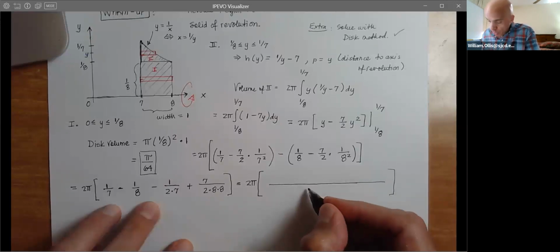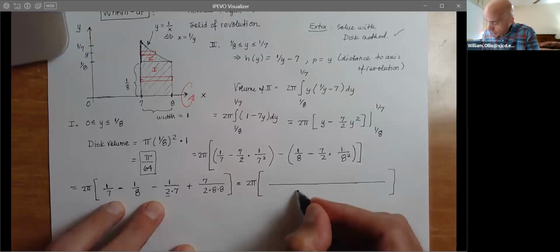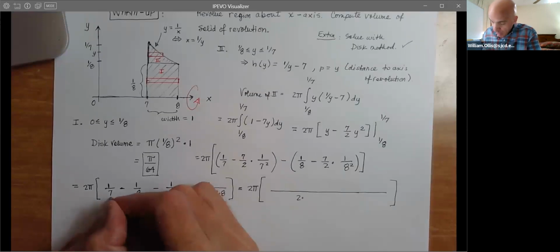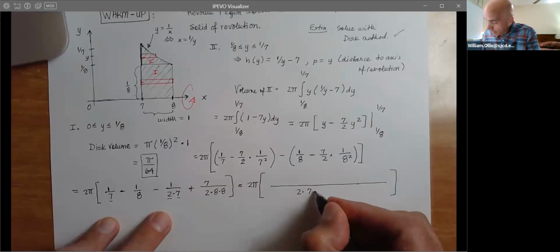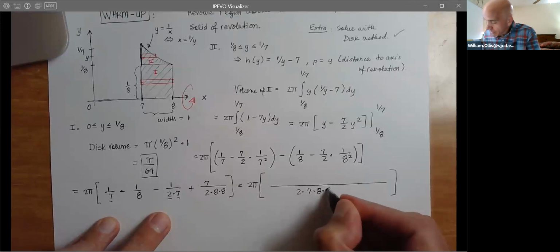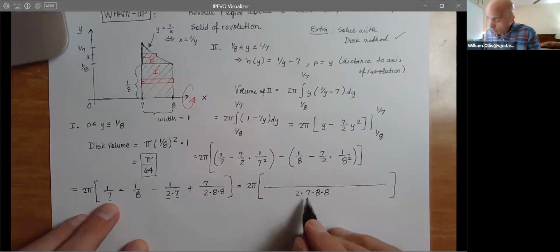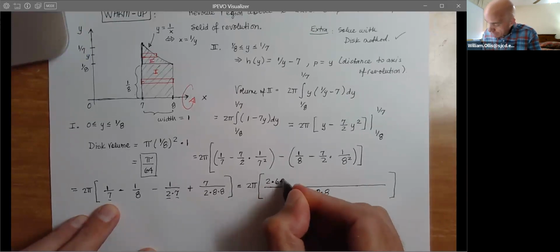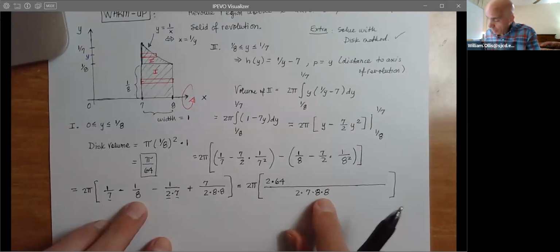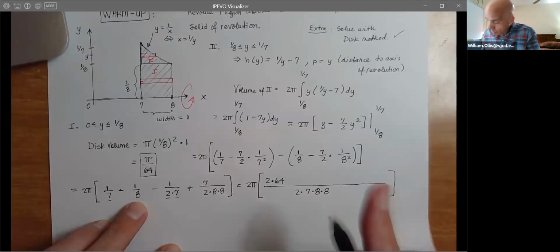So again, if we start over here, well, we need a 2, we need a 7, there's only one copy of 7, and we need 2 copies of 8. So now when we compare here, we got the 7, but we need 2 times a 64. And then we compare here, we have a 56 times a 2 because one of the 8's is gone.